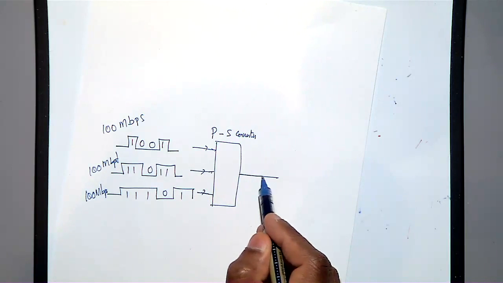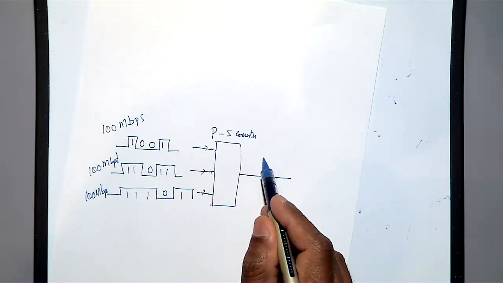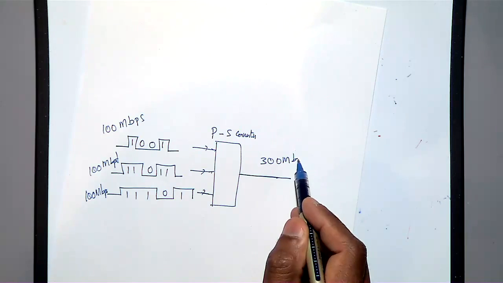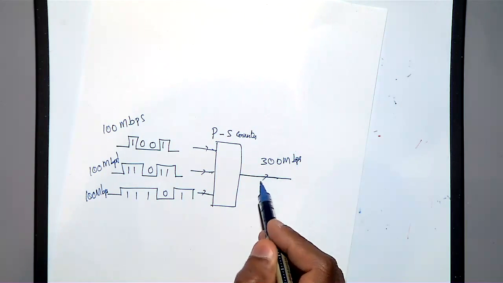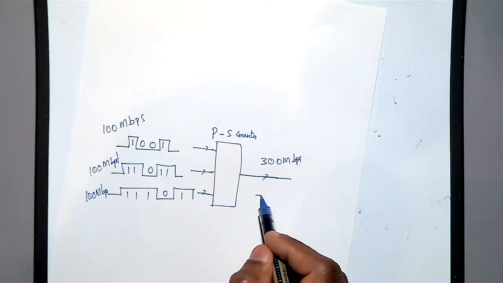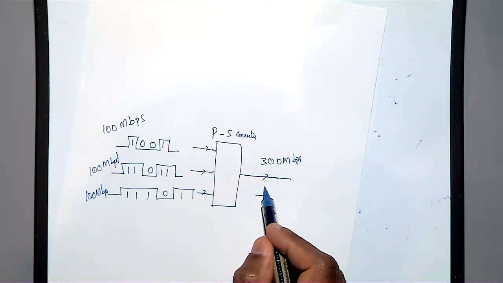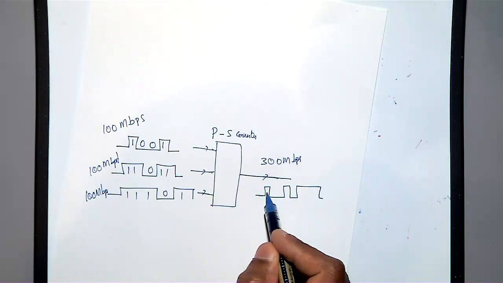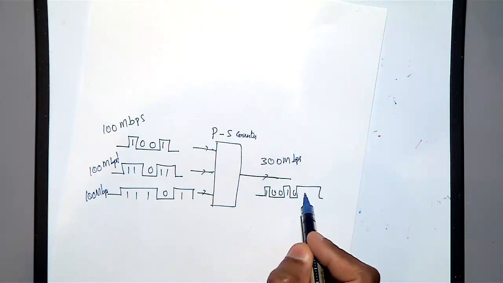Then the data rate here will be 300 megabits per second. You are getting the data here, and maybe it is something like this. You made it serial, something like 1, 0, 0, 1, 0, and so on.